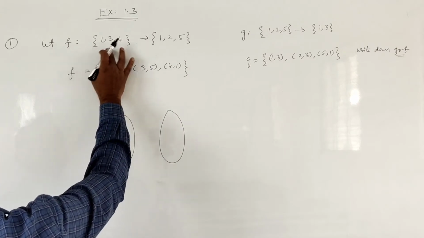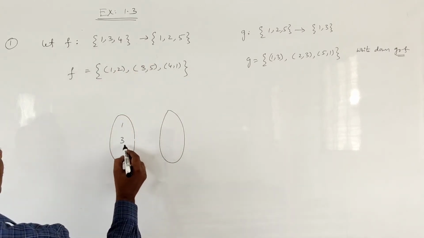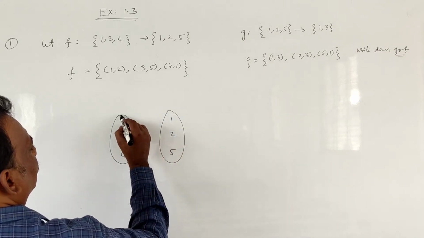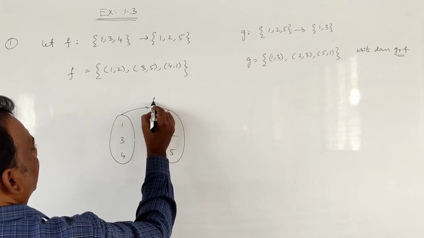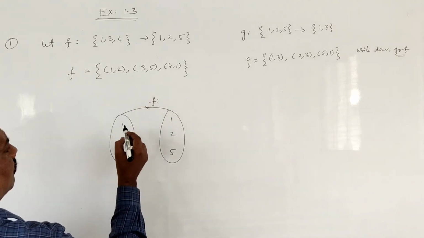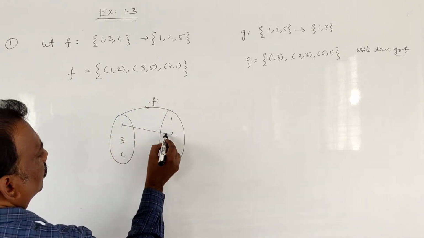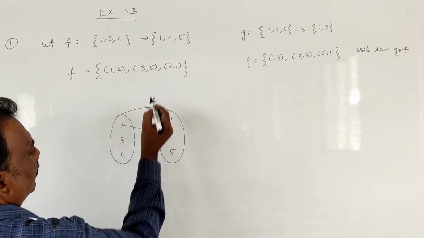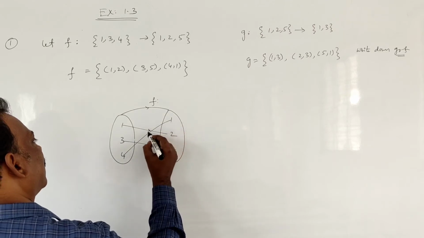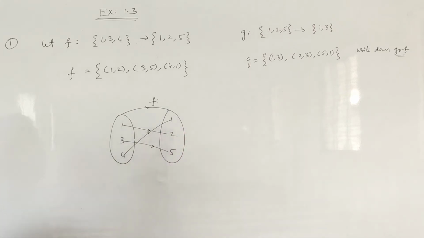So f is a function mapping {1, 3, 4} to {1, 2, 5}. How does it map? 1 with 2, 3 with 5, and 4 with 1. So like this it maps.